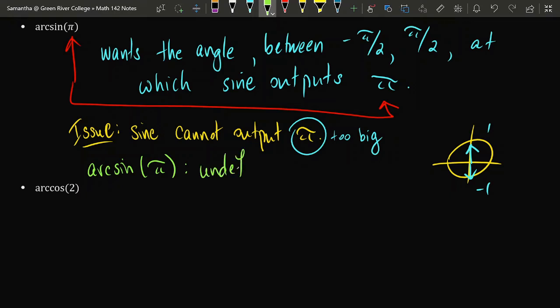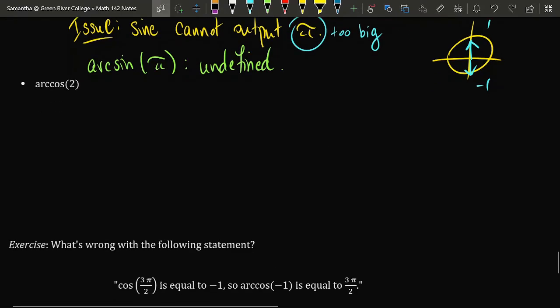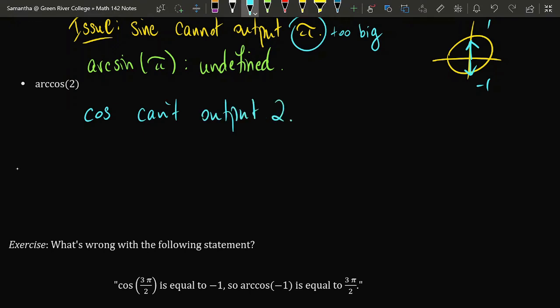This is just undefined. We cannot find the angle at which sine outputs pi because pi is too big for sine. Similarly, if someone asked me for arc cosine of 2, cosine can't output a number as big as 2. It's larger than 1 in magnitude, so it's too big. And therefore arc cos of 2 is also undefined.